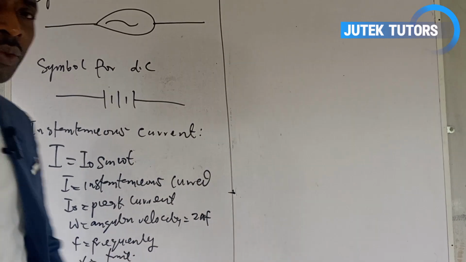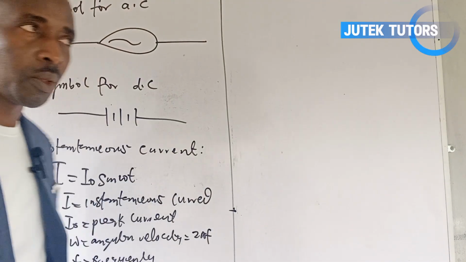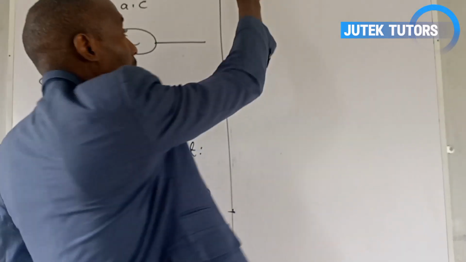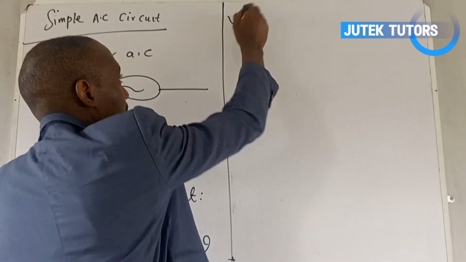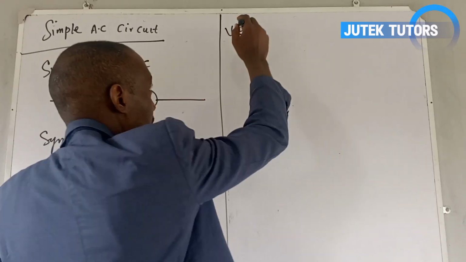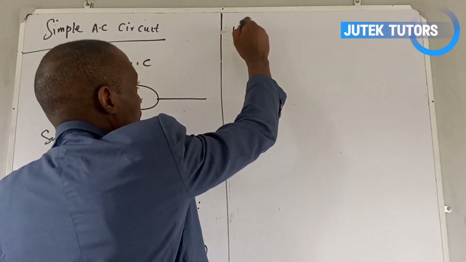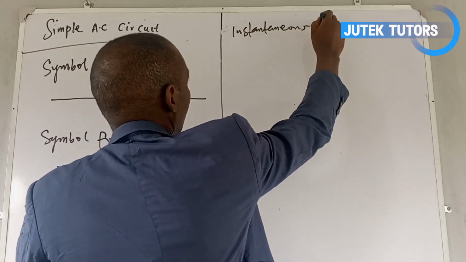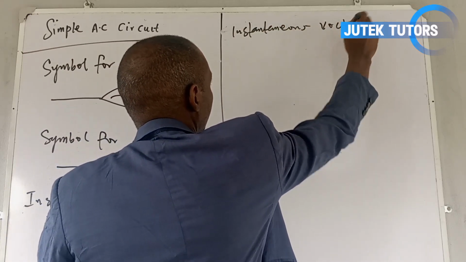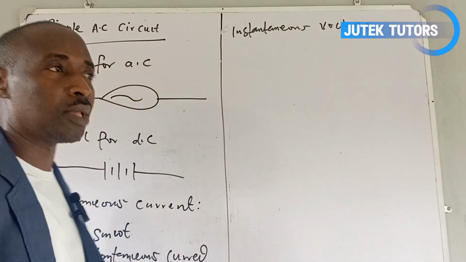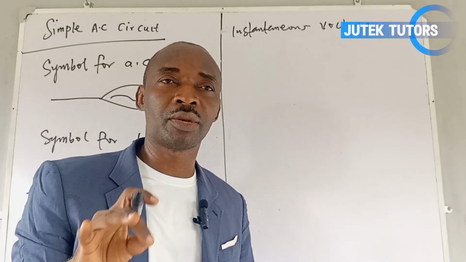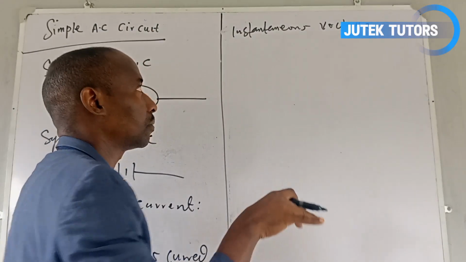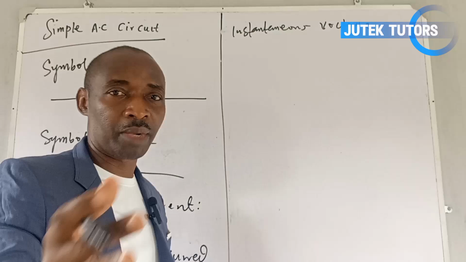That's what we have. So let's look at another term, which we call the instantaneous voltage. What is instantaneous voltage? We say instantaneous voltage is the voltage at a particular instant. And how is it expressed mathematically?